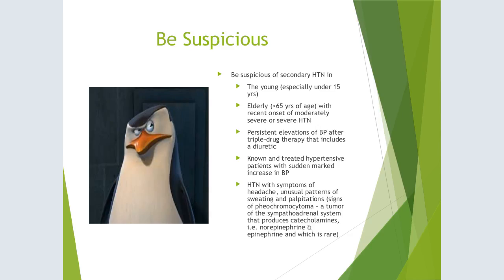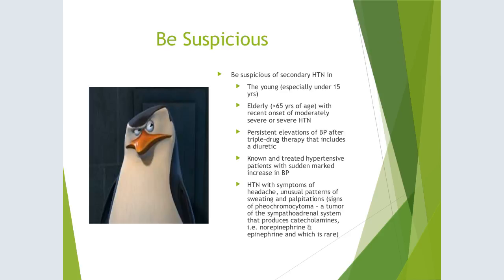You want to be suspicious if you find secondary hypertension in children under the age of 15. Remember those little things we just talked about with secondary hypertension? Those are known causes of hypertension, but they're still secondary as opposed to primary. You want to be suspicious if you find it in children under the age of 15 and people over the age of 65. Remember renal artery stenosis, especially over age 65 with other problems like peripheral vascular disease, peripheral arterial disease, heart disease. Think about that renal stenosis.